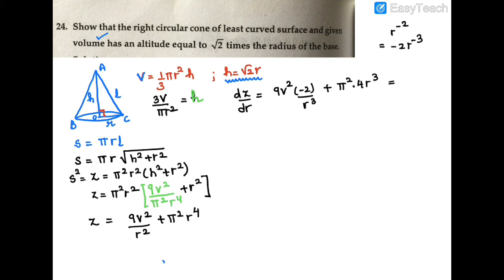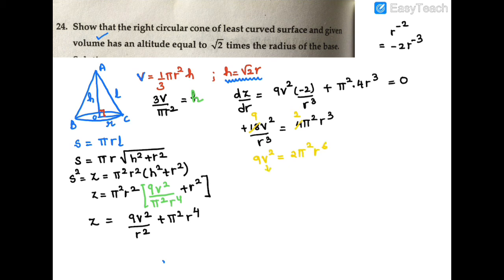Now if you put dz by dr equal to 0, we are getting a minus, so this will become plus 18v square by r cube is equal to 4 pi square r cube. I can reduce this: 2 9s are 18, 2 2s are 4, and I get 9v square is equal to 2 pi square r to the power 6.